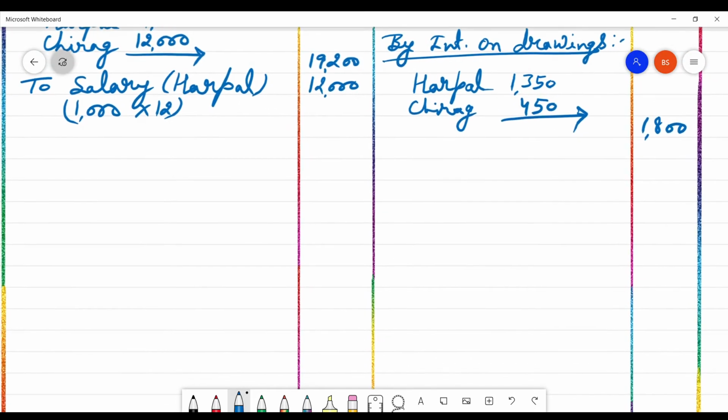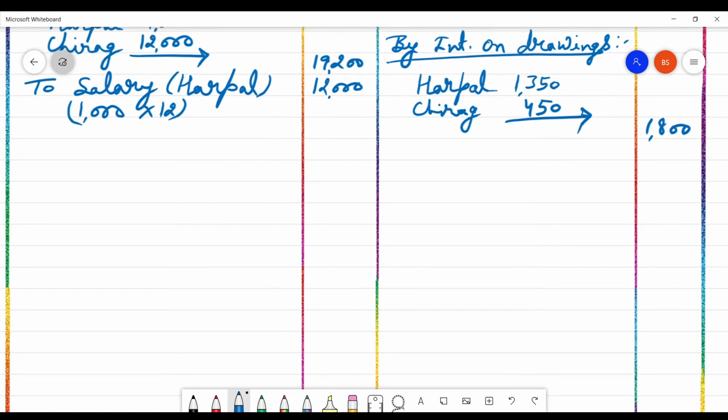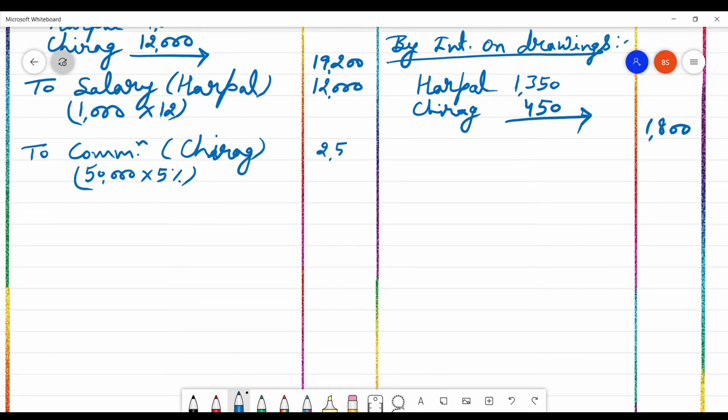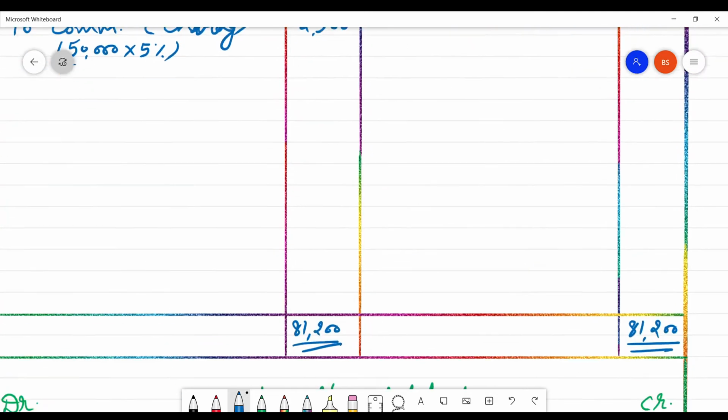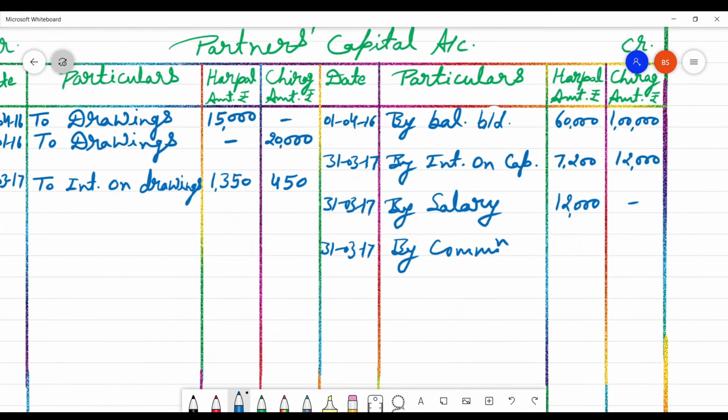But it is not the final divisible profit because we have to pay commission to Chirag on this amount. 50,000's 5% is 2,500, and this 2,500 will be recorded on the credit side of the partners' capital accounts in the column of Chirag.